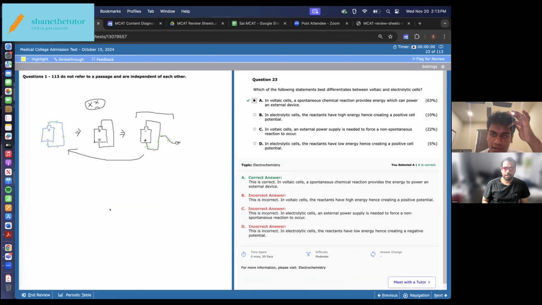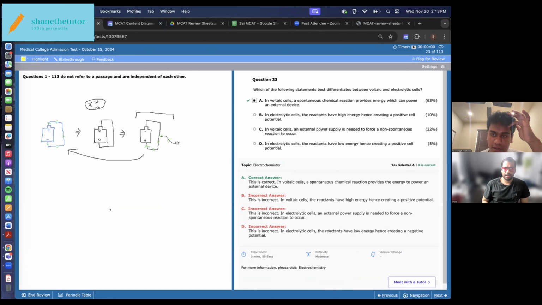Electrochemistry, galvanic? No? Oh, there you go. Okay, so you could press this plus button on the bottom to zoom in a bit. All right, so here we go.